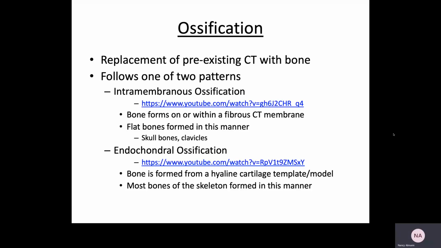If it is not a flat bone, it's going to form through endochondral ossification. And you need to be able to tell me on an assessment whether a bone is part of the axial or appendicular skeleton, which we'll review when we're going over the actual bones, and whether or not it arises through intramembranous ossification or endochondral ossification.